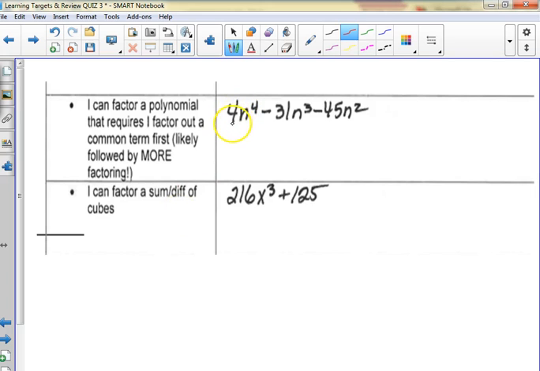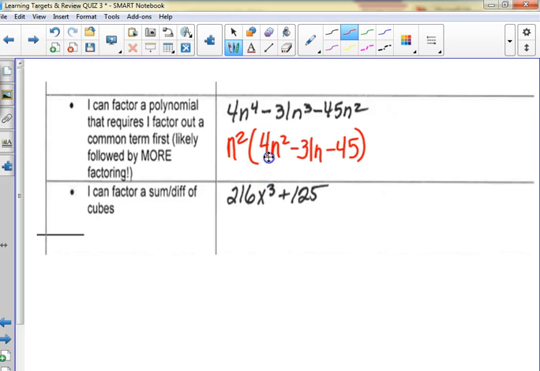This one we could take out a what? An n squared. So then we'd have 4n squared minus 31n minus 45. Now do we need to practice some more with the coefficients?